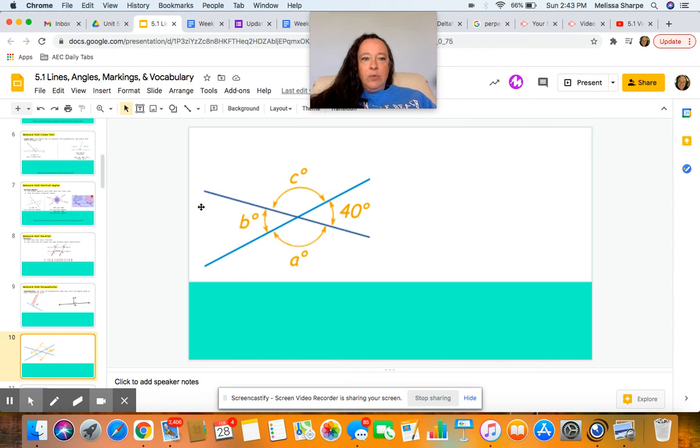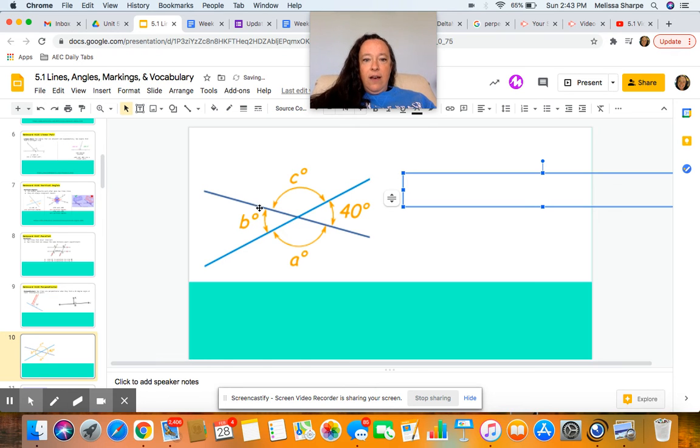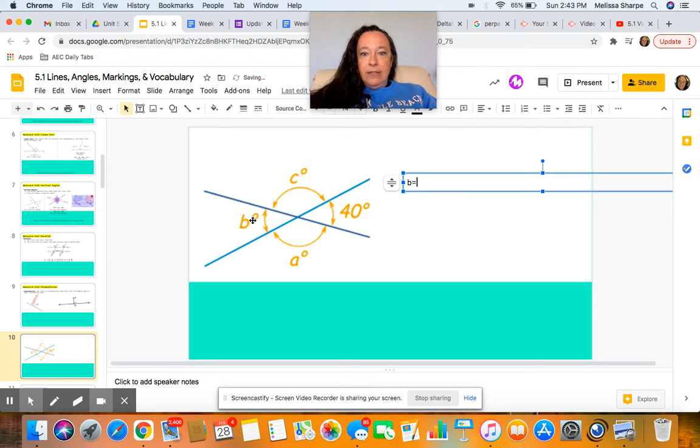Now, this one, I just wanted to go over a quick example with you. Given a set of intersecting lines, you can find all of these missing angles using the vocabulary that I have given you. So we know that this is 40 degrees. We know that B is a vertical angle to the 40 degrees. So we know that B would be 40 degrees because they are congruent.